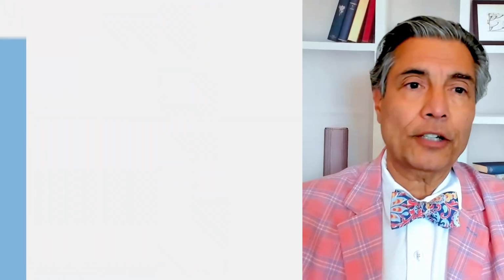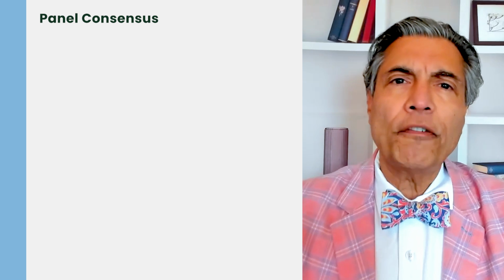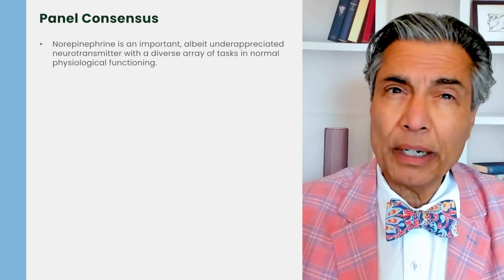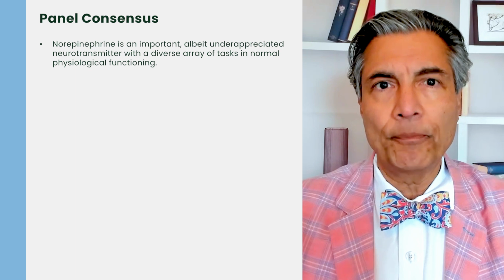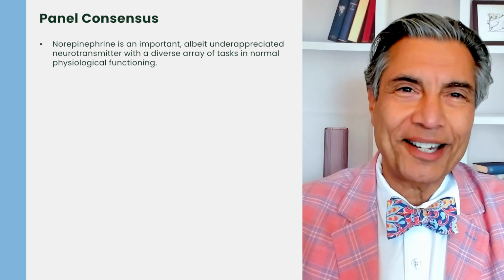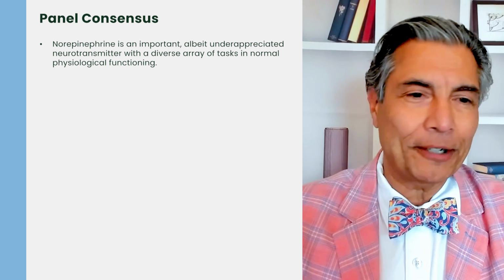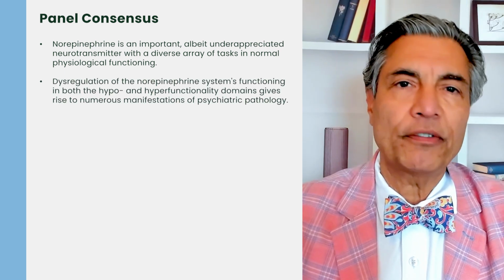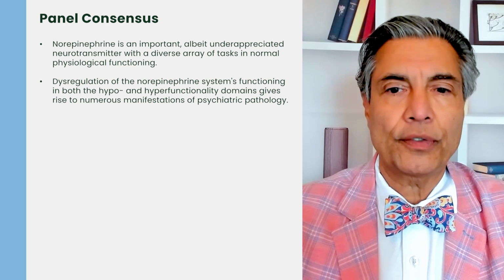So the panel consensus offers 3 important learnings for all of us. The first is norepinephrine is incredibly important, but it has been underappreciated. So you and I are fixing that together today by talking about it. Number 2, both hypofunctioning and hyperfunctioning come with consequences for the patient.